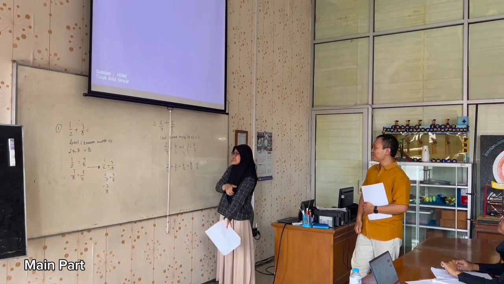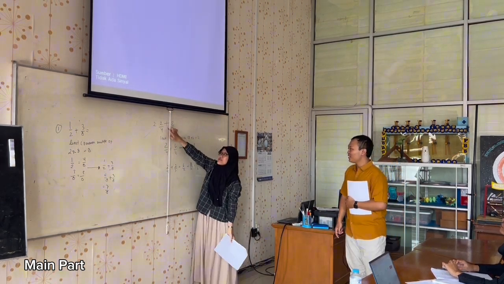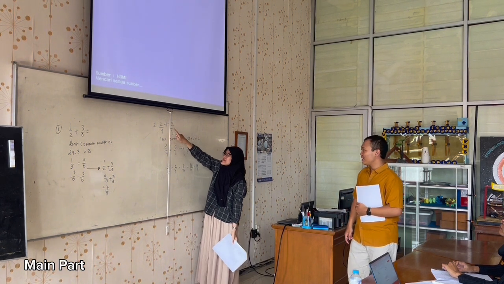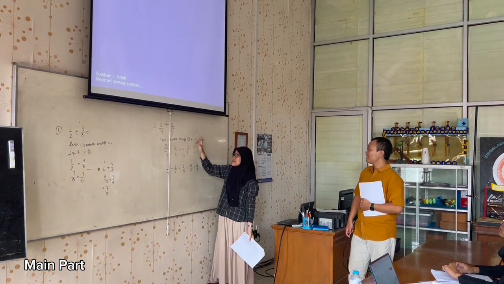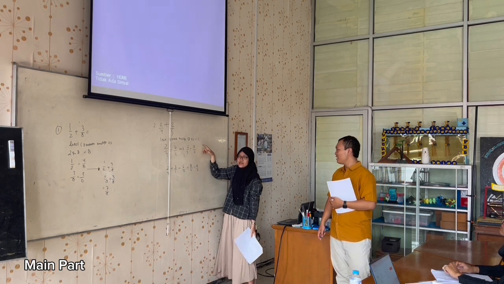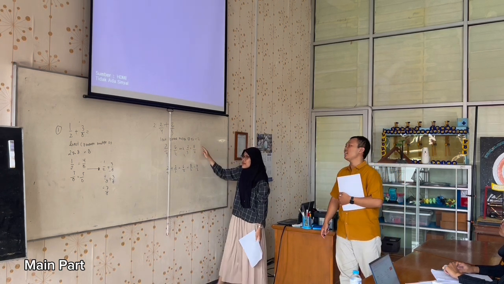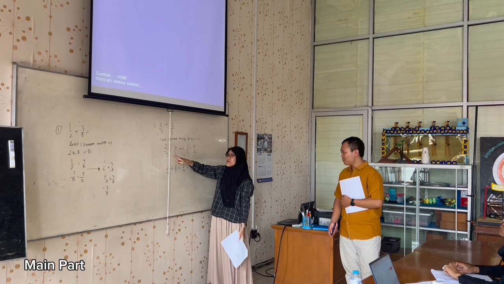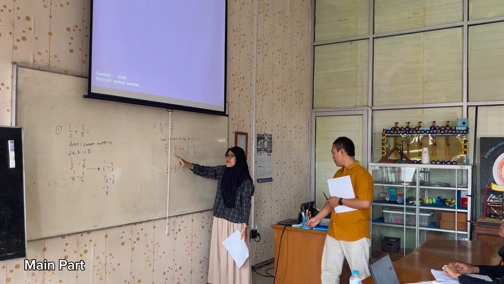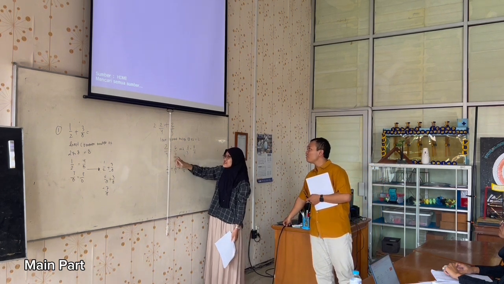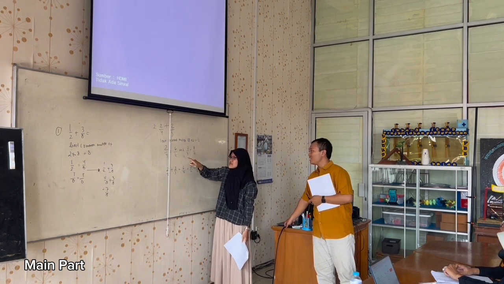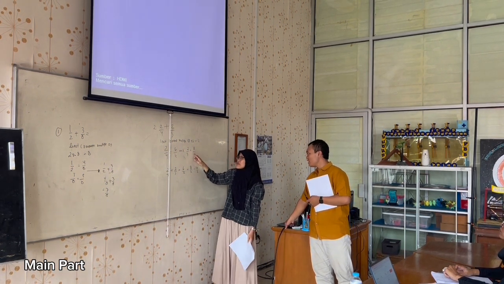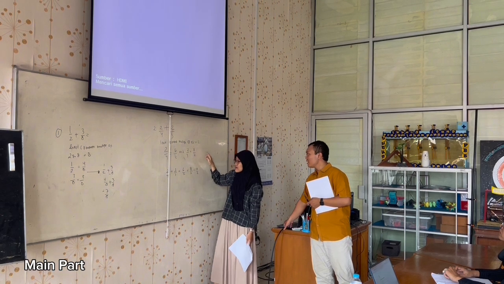So it is 2 over 4 plus 2 over 3, and the least common multiple of 4 and 3 is 12. 2 over 4 is 6 over 12 and 2 over 3 is 8 over 12.